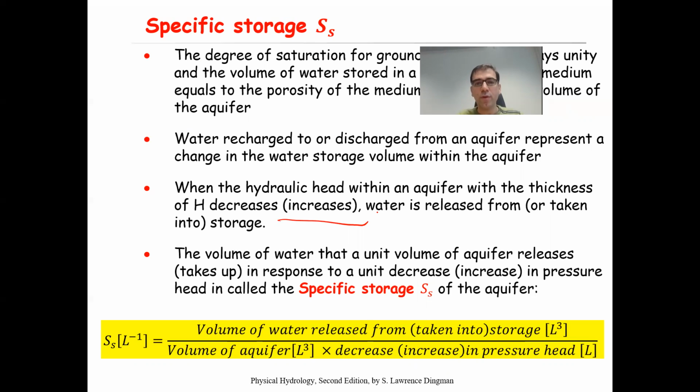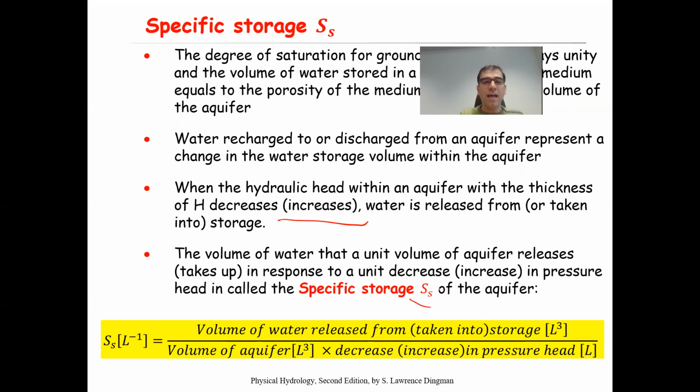Water is released from the aquifer. The specific storage is defined as the volume of water that a unit volume of aquifer releases or takes up in response to a unit decrease or increase in pressure head, represented by Ss of the aquifer.